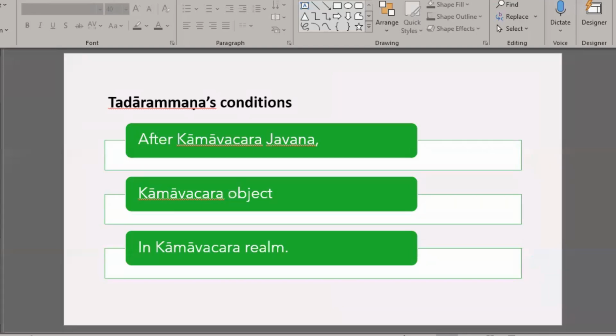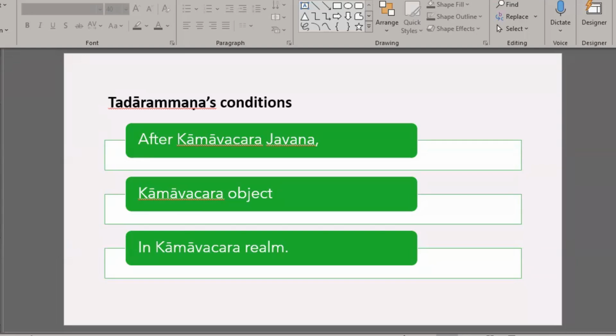And also it should be a Kamavachara object. Tadarammana Chittas always take a Kamavachara object. Then Tadarammana Chittas always arise after Kamavachara Javana. Then another one, it arises only in Kamavachara beings.